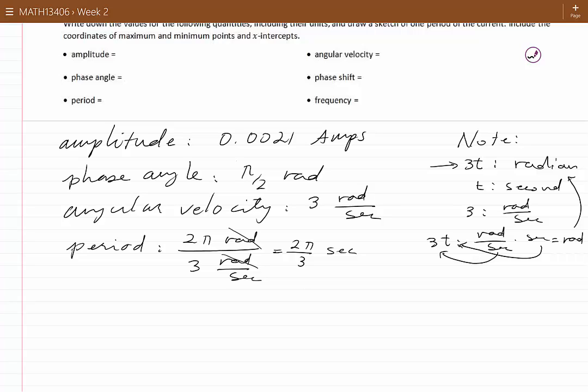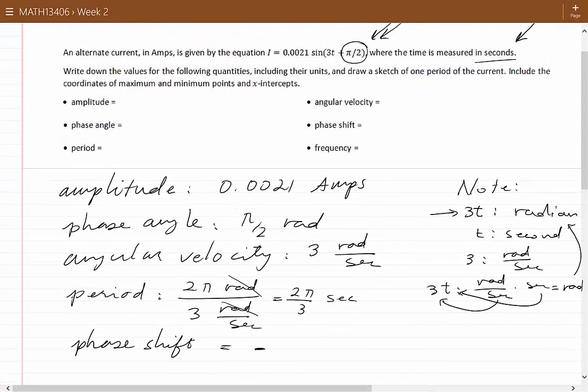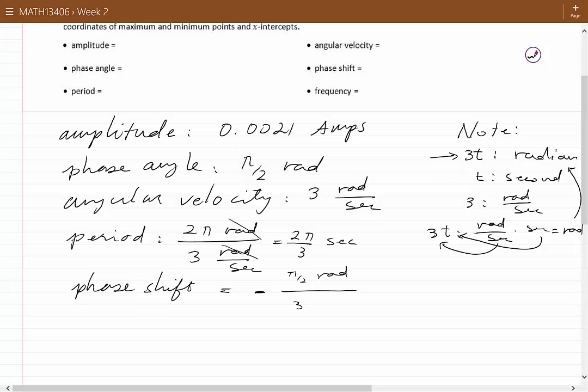The next quantity I look at is the phase shift, which I will find by minus phase angle, which is π/2 radians, divided by angular velocity, which is 3 radian per second.